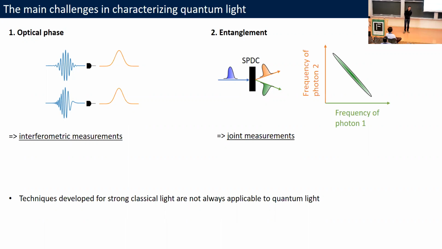And so now these photons actually live in a mode which can't be described for each individual photon. They're entangled. So you have to do some sort of joint measurement to describe their mode. So this is just to say that the techniques that we have for classical light aren't always going to be applicable in the quantum domain, but of course we can try to adapt them to suit our needs, which is kind of the point of the talk today.